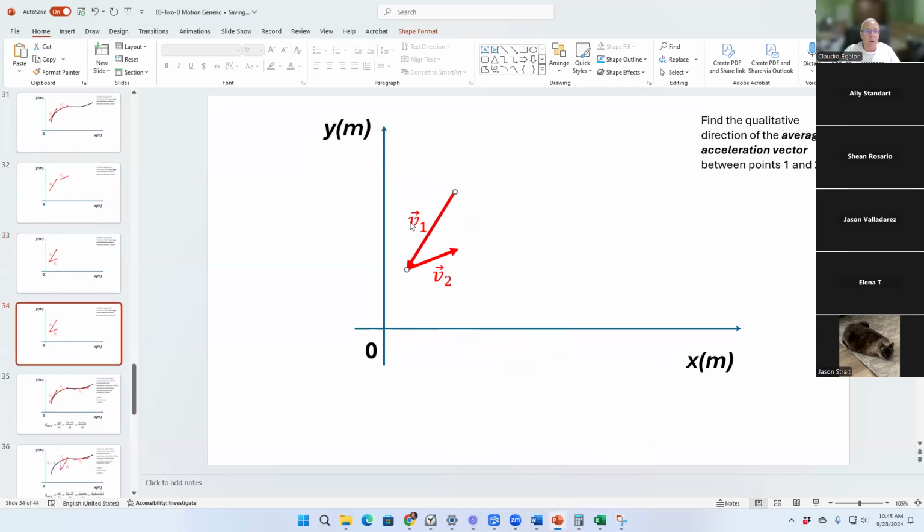Okay, and don't forget to put the minus sign here. So here you go. Get the initial vectors, put them tail to tail, and then invert the direction of the initial velocity vector. And then you have to draw the resulting vector, the summation of those two vectors.